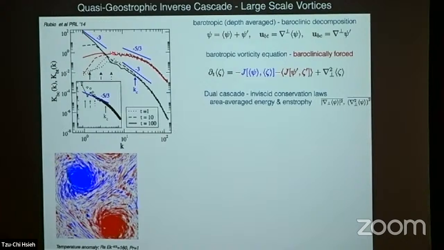The black is the barotropic component and the red is the baroclinic. You can think of the black as associated with the large-scale vortex, and the other with the convection. In the black, the barotropic, you see some key signatures.